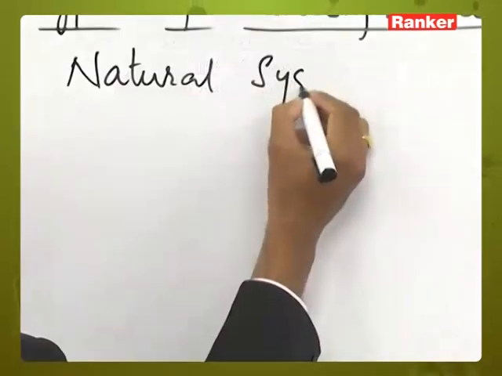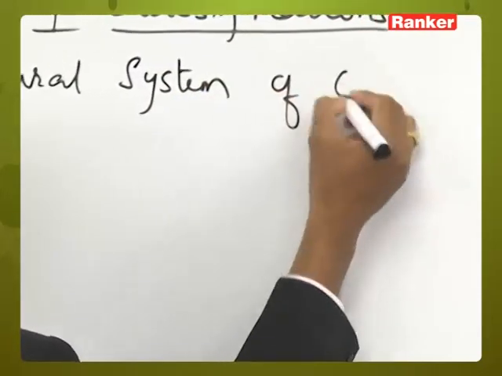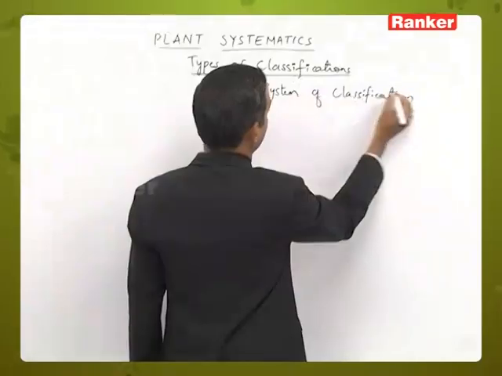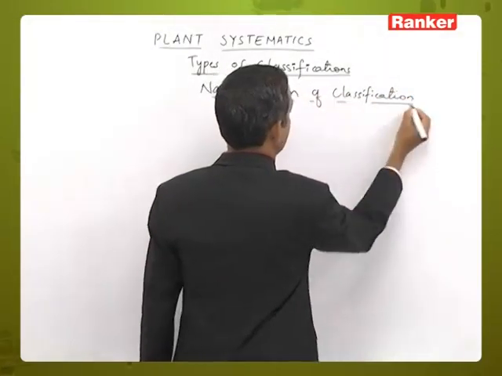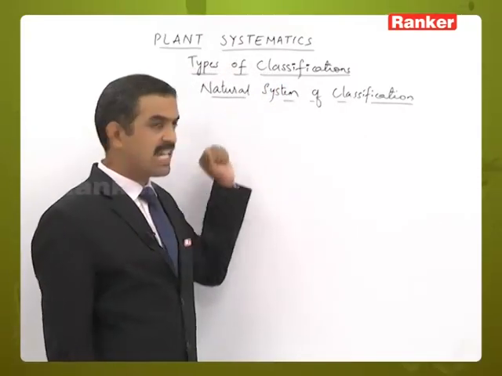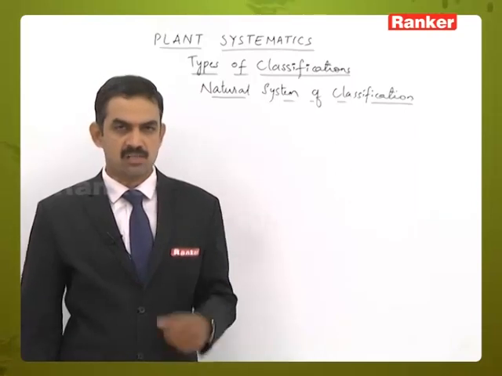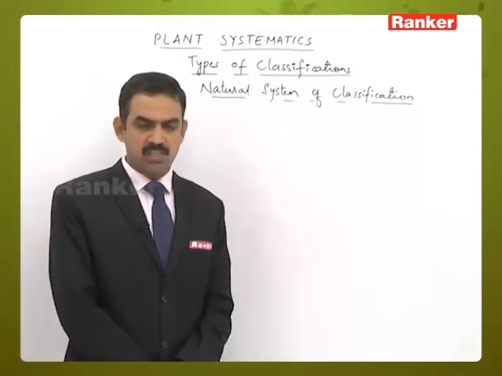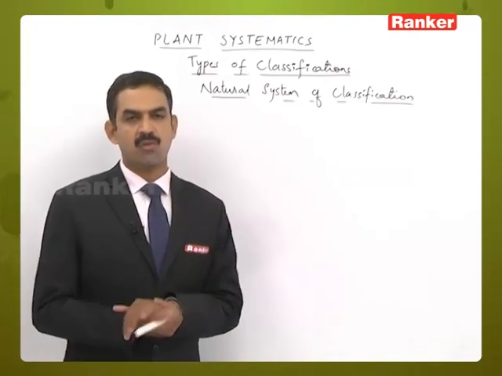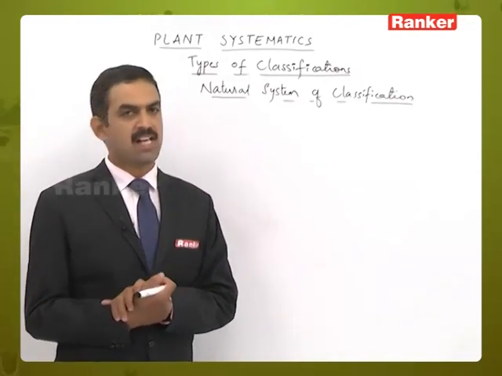Natural system of classification. Now let us see how the natural system of classification is different from the artificial system. In the artificial system, we have seen only one or a few morphological characters are considered by the scientists for classification.